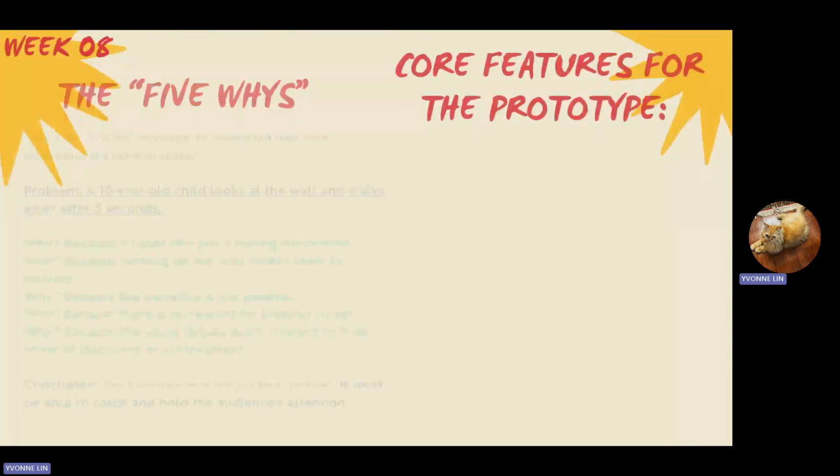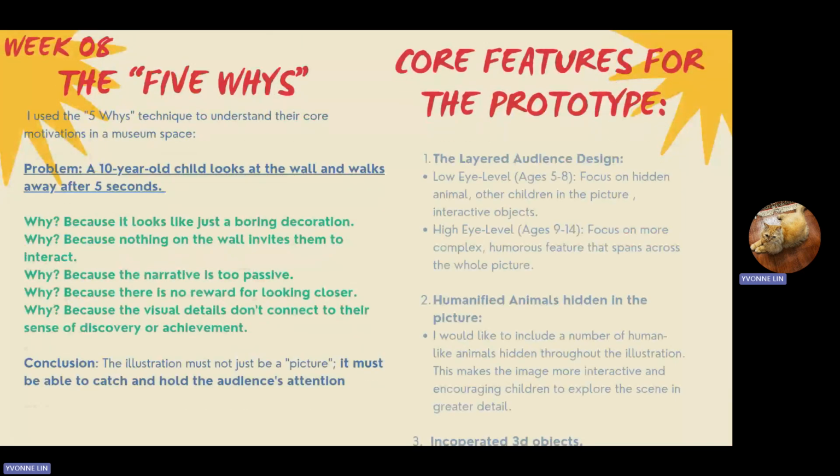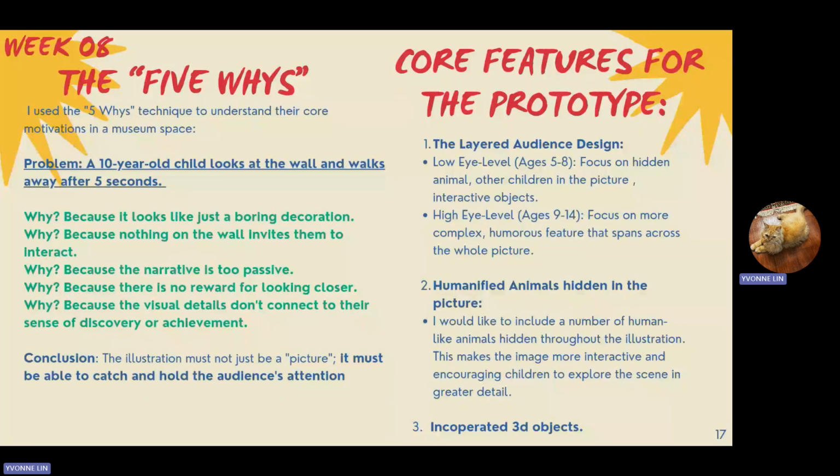Building on the empathy map, I used the 5 whys method to explore why a child might walk away after just a few seconds. This made me realize that attracting attention was not enough. Children also needed reasons to keep exploring the artwork.